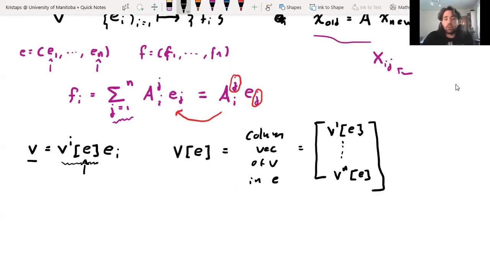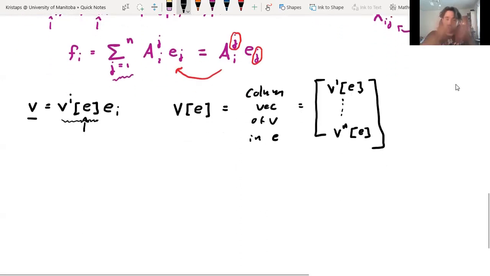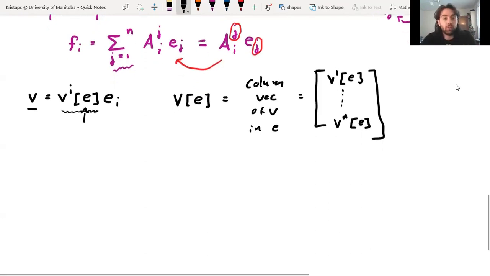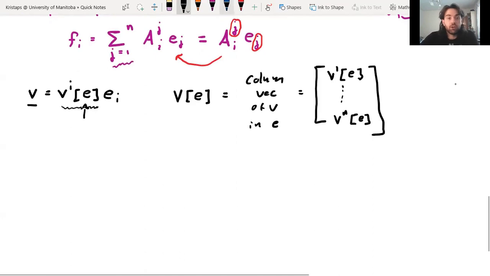Okay. And so now, all I'm doing is defining a bunch of notation so far, right? And we want to start putting it together to see some new, interesting, useful things. So now what this allows us to do is write my vector in the basis E. Here again, we're mixing formal and proper notation.